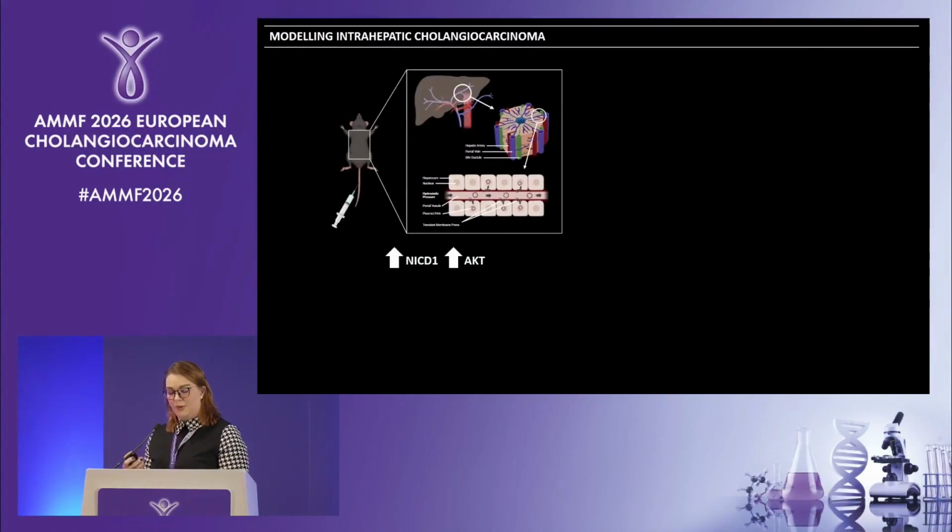So then we went on to drive a hepatocyte to biliary reprogramming in the liver. And to do this, I used what is known as the hydrodynamic tail vein injection model, which allows us to deliver plasmids directly into the hepatocytes.